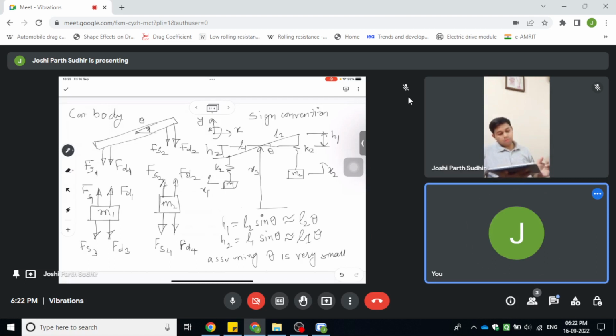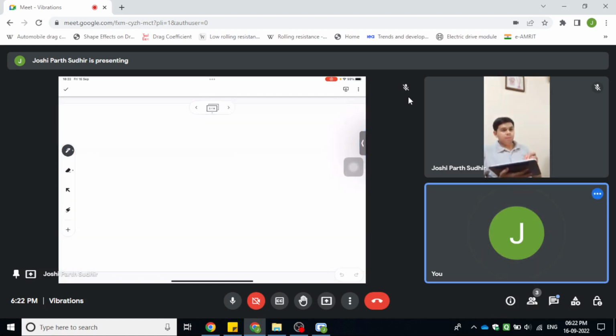so therefore we can write the expression for the spring force Fs1 as K2 into x3 minus L1 theta minus x2, and Fd1 is C2 times x3 dot minus L1 theta dot minus x2 dot.